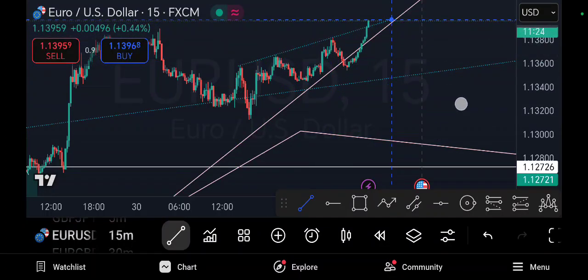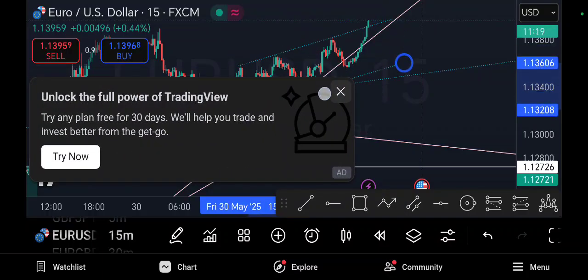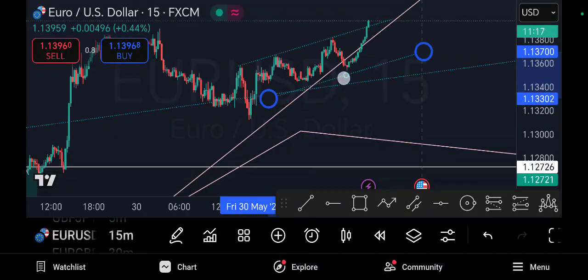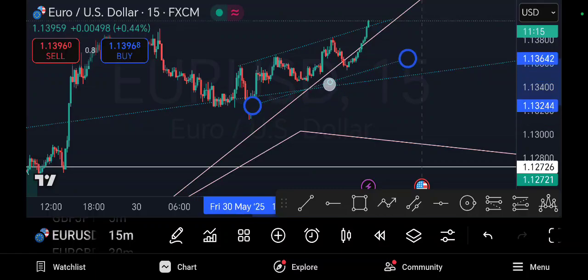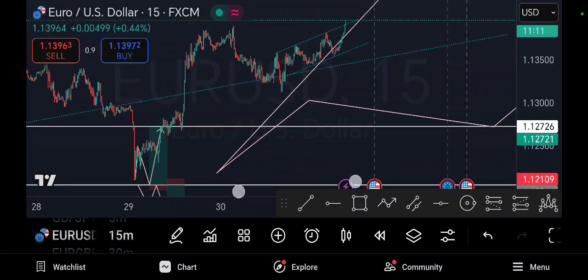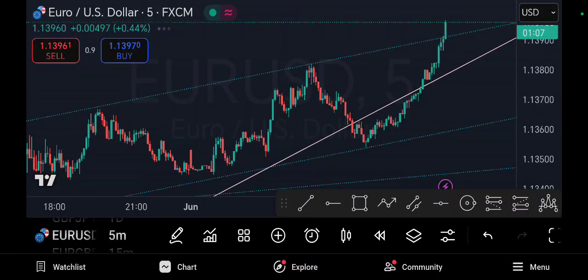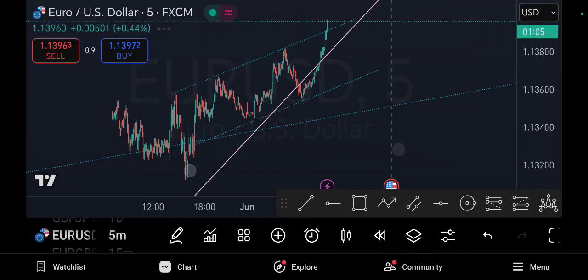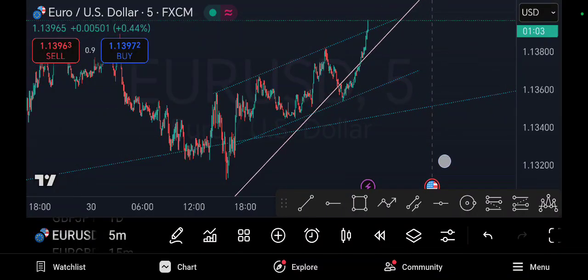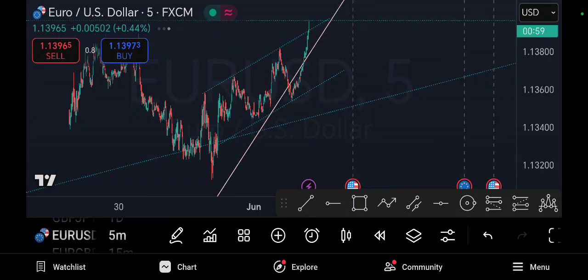Actually, wait, hold up, M1. Let me see something. Okay, cool. And that's the 15 minutes. So it's already breaking out. So that being said, it's probably a fake out.